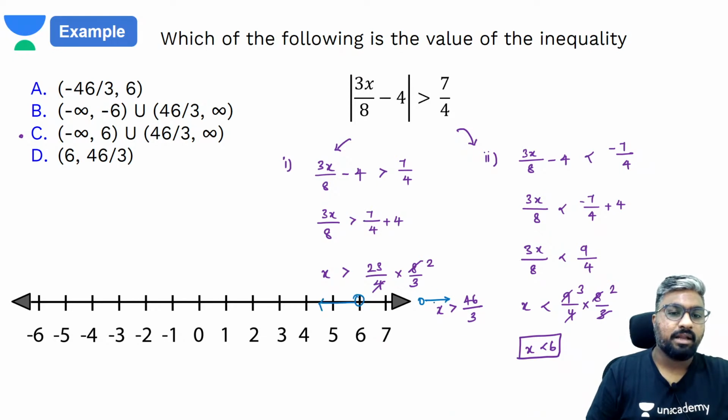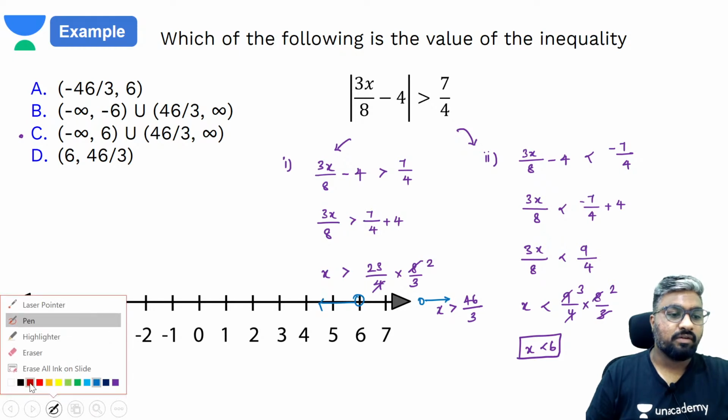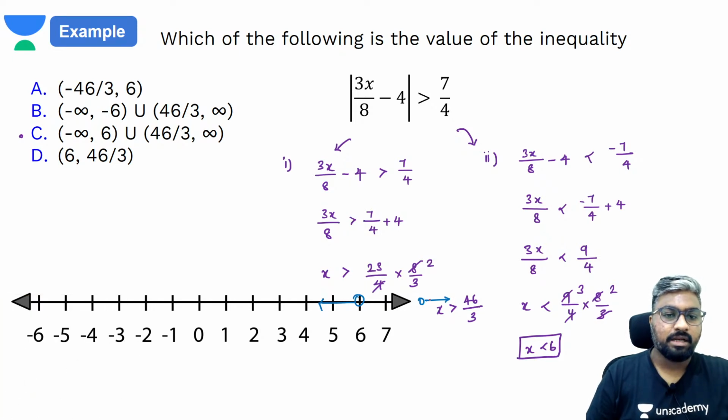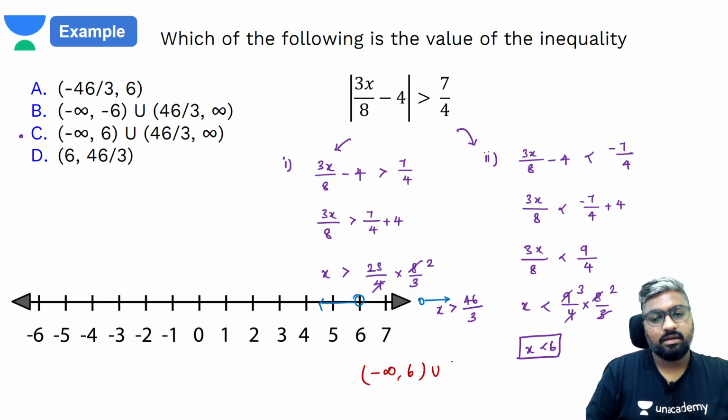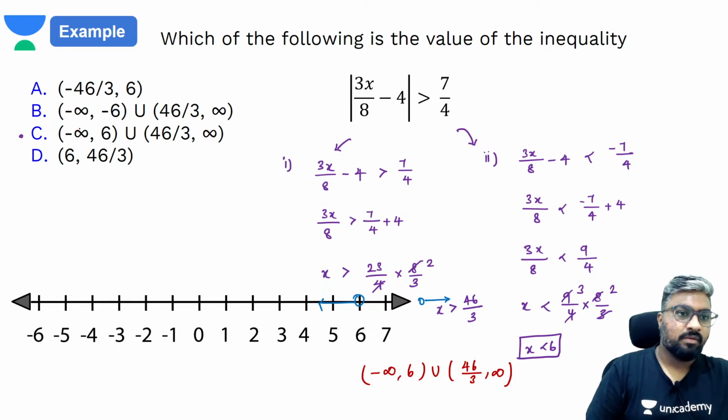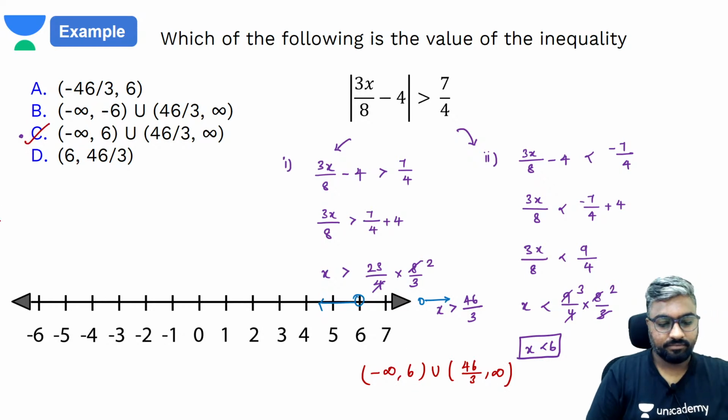There's nothing in common, so we take the union of them. That means x less than 6 will be minus infinity to 6, union x greater than 46 by 3 means 46 by 3 comma infinity, which is option C.